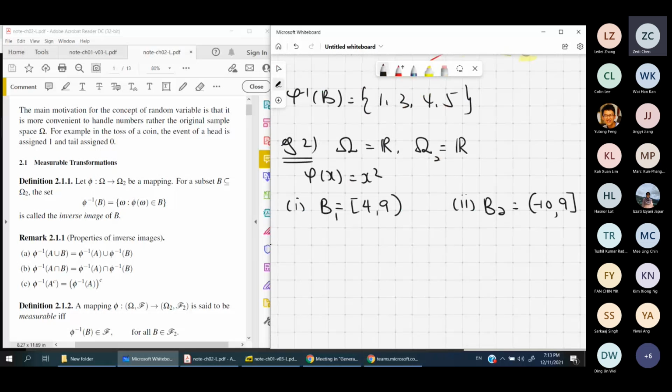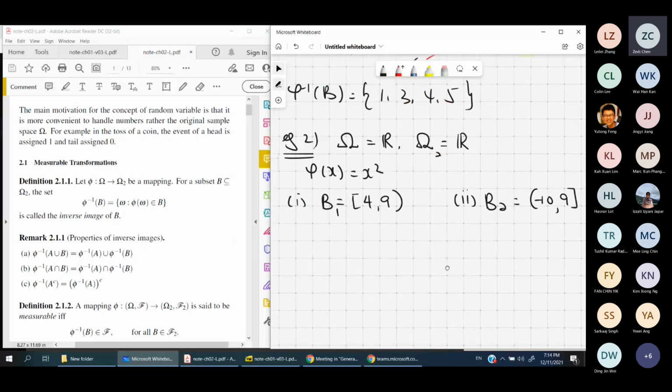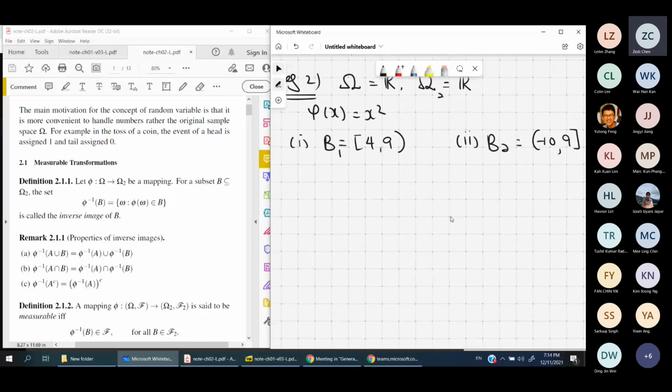Can you identify the pre-image for B1 and B2 under this function, phi of x is x squared? Again, this is actually a question in calculus, so let's look at the graph. It can be quite easy. So this is the graph of phi of x equals x squared. B1 is 4 to 9.